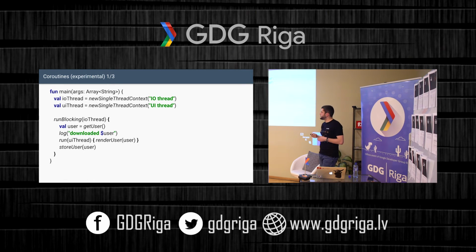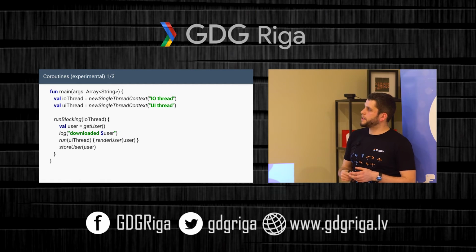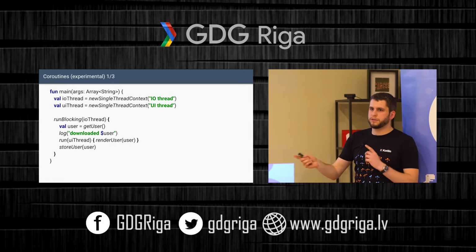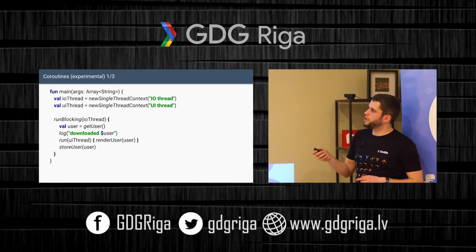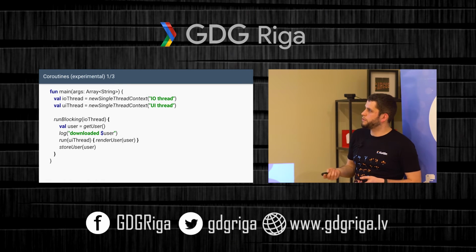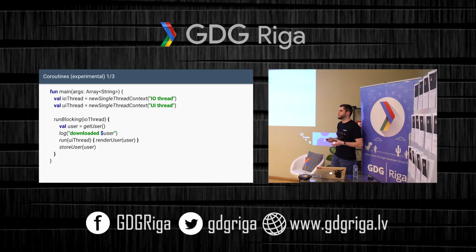For example, on Android, you can use usual Java threading, plus you can have the main thread from UI as a separate thread context, and you can quickly switch back and forth. It also can be run over RX if you like that, or any kind of multi-threading framework that you have in Java right now. So it's like a smooth wrapper around that.